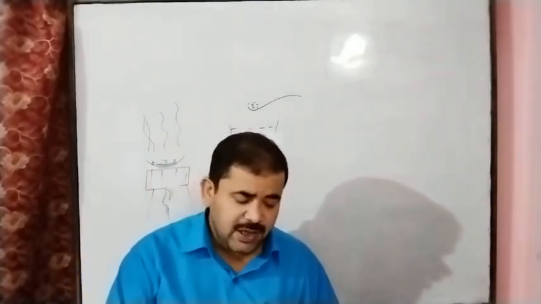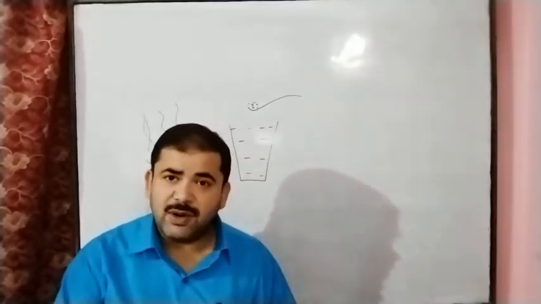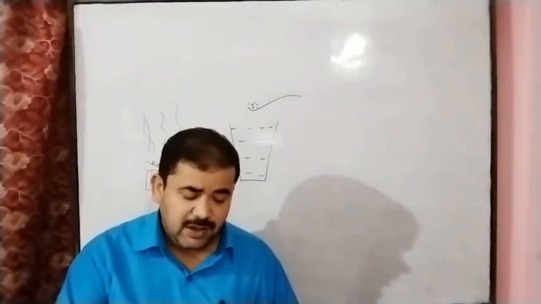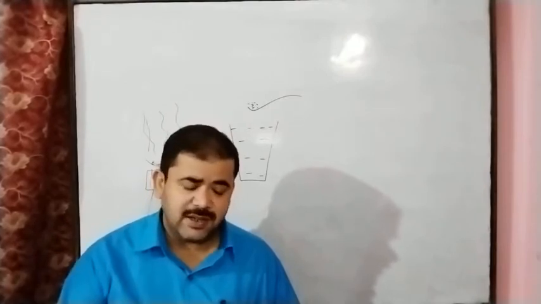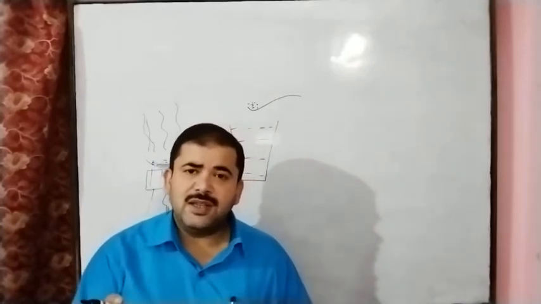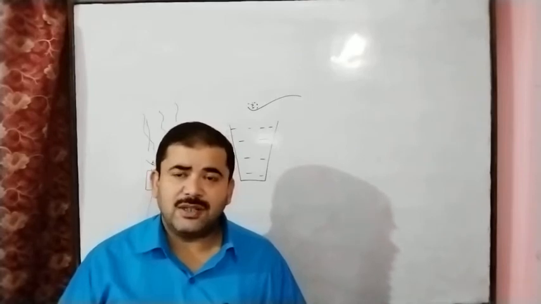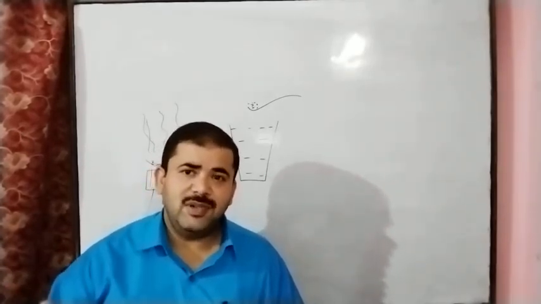And after this, liquid-gas means soda, aerated drinks, oxygen in water. Here, liquid and gas means one substance should be in liquid state and the second in gaseous state. So oxygen in water: in this example, oxygen gas is present in the water, so oxygen is in gaseous state and water is in liquid state.